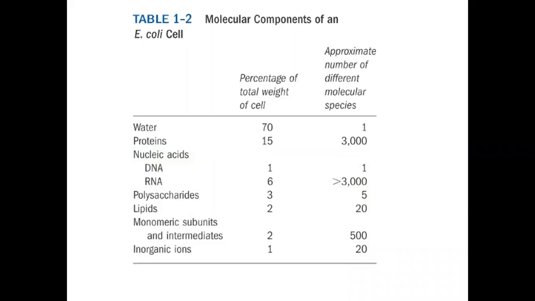But again, we have to remember that in biological systems, the majority is actually water. Only 15% accounts for proteins, 1% for DNA, 6% for RNA, 3% for polysaccharides, 2% for fats and lipids, and others 3%. But the majority of biological systems is made up of water.